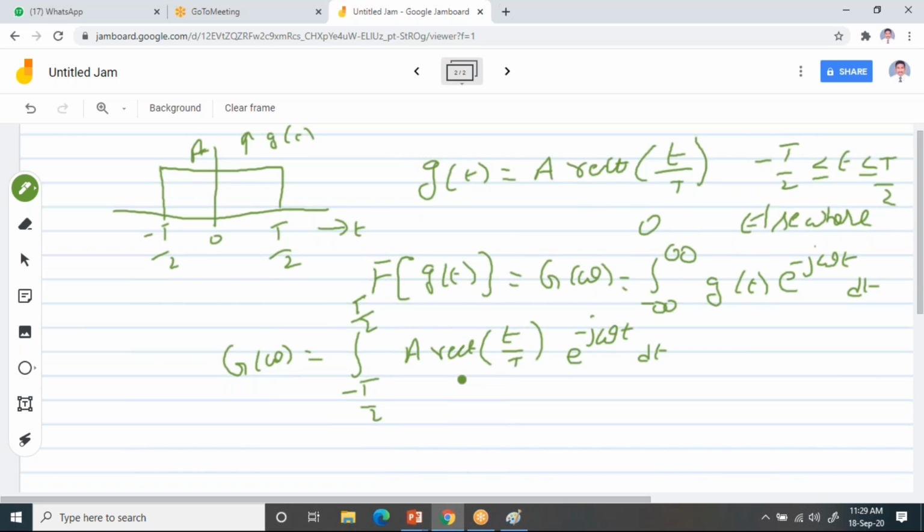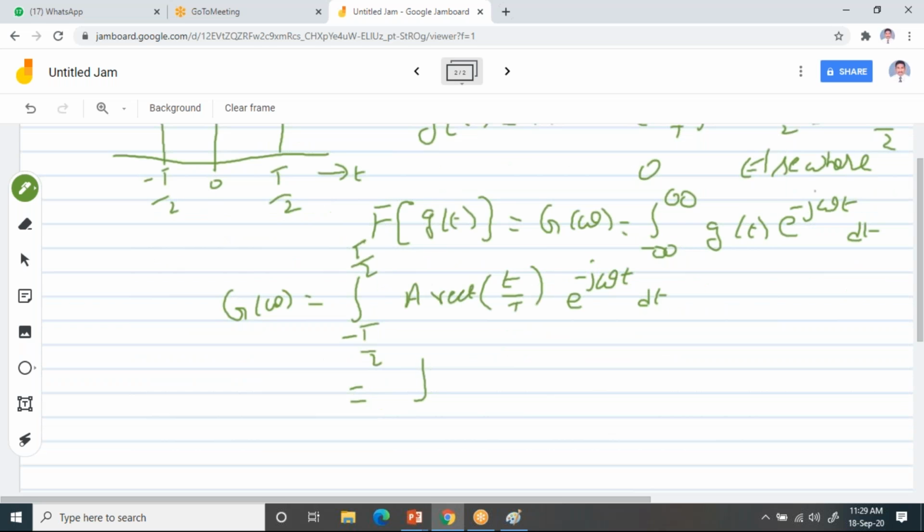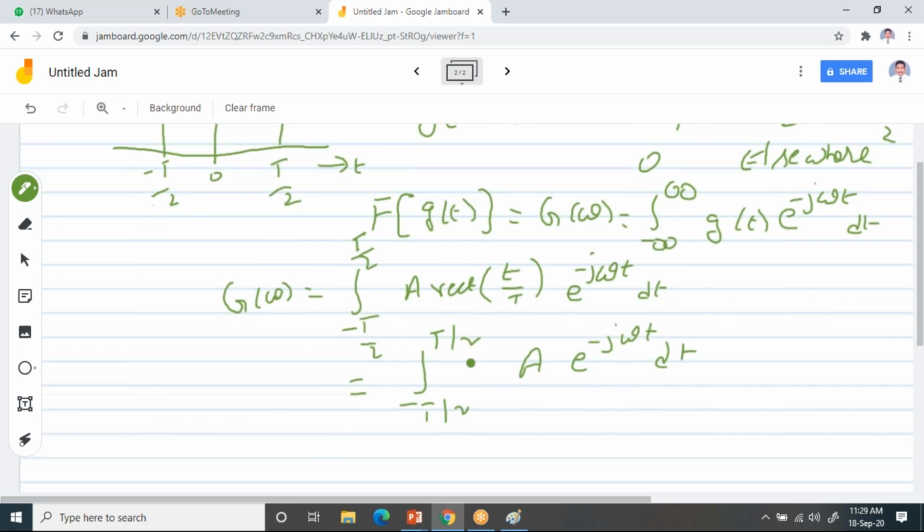Now when you're doing integration with respect to t, you treat A as constant and take it outside. Then I can write A integral minus T by 2 to T by 2 e power minus j omega t dt. Now it's like an exponential one.